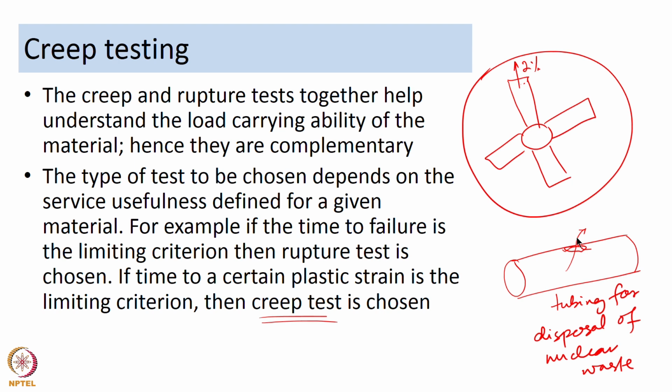So, in this condition probably your interest is to know what is the time to rupture for a certain applied load. So, based on your end application you can decide which particular type of test you want to adopt.